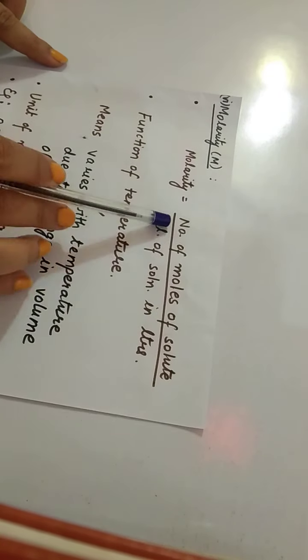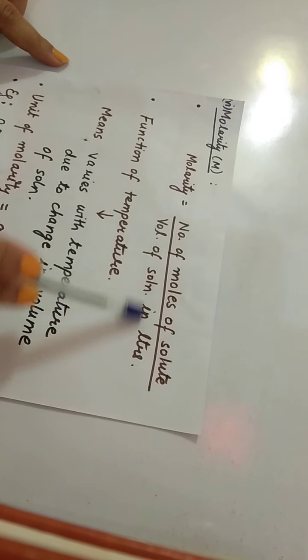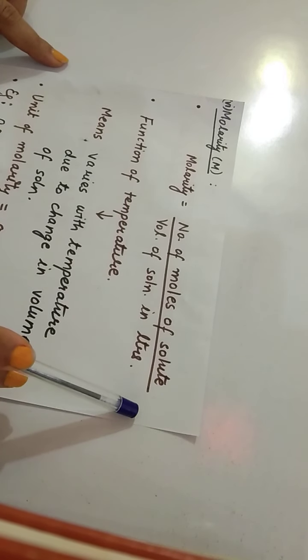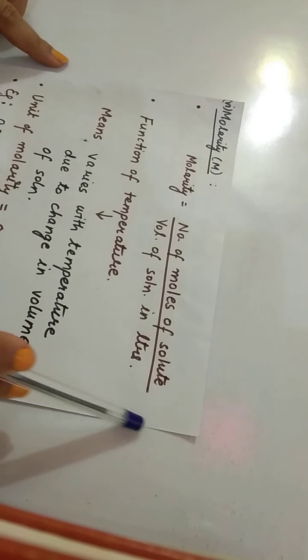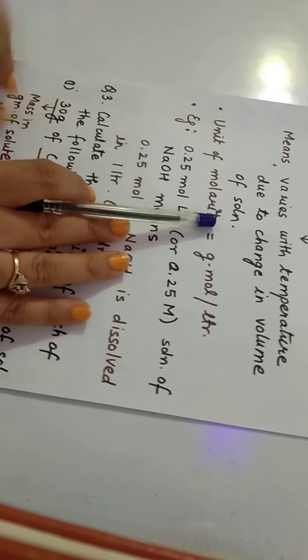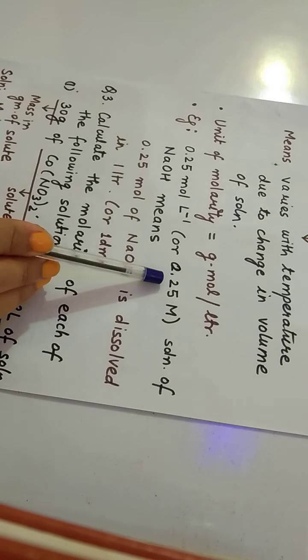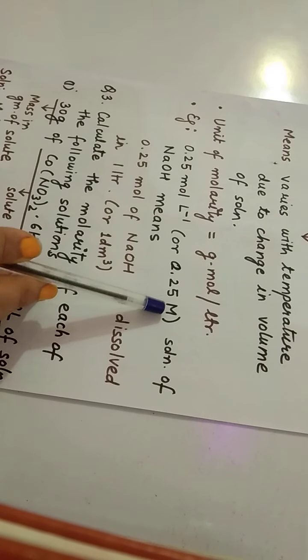How does it come? Number of moles of solute, so mole, divided by volume of solution in liter, so mole upon liter, mole per liter. So here also it is the molarity, or you can write it like 0.25 M.